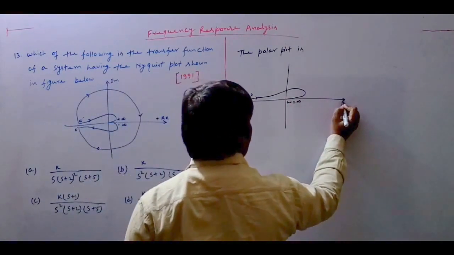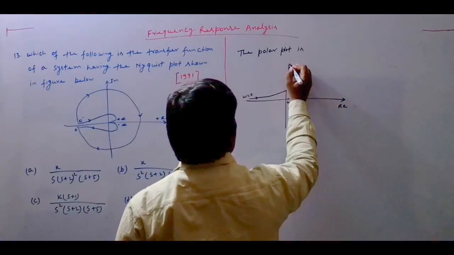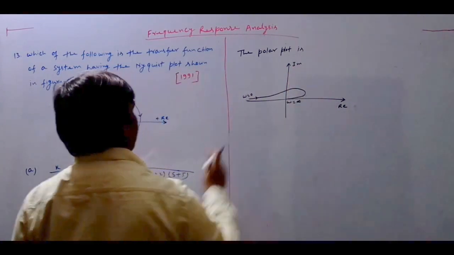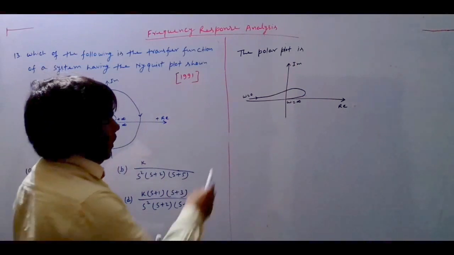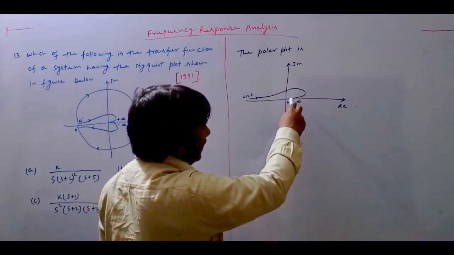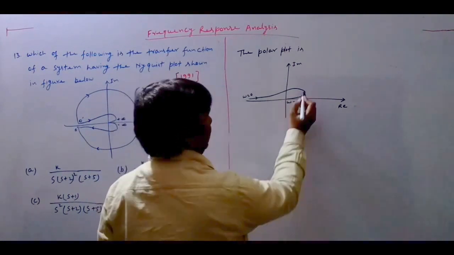Now the polar plot starts from angle minus 180 degree and terminates at angle minus 360 degree.